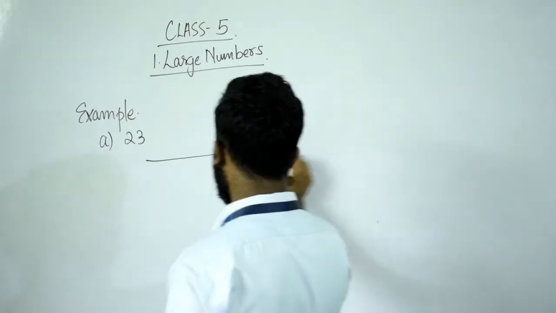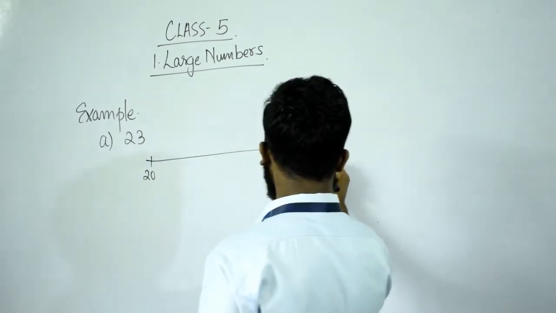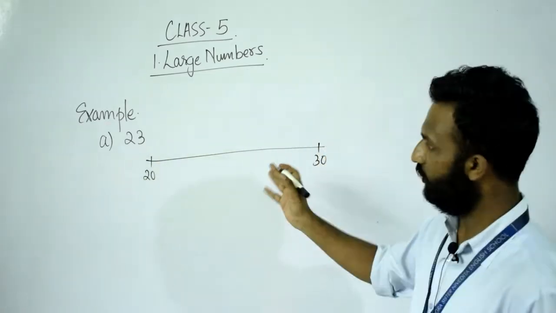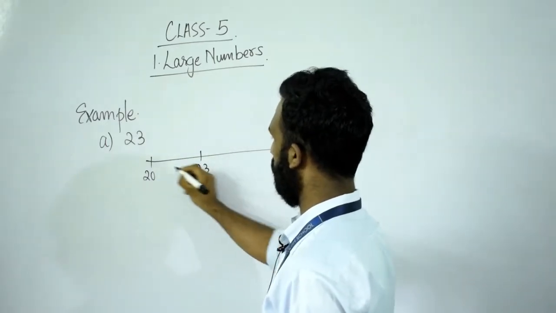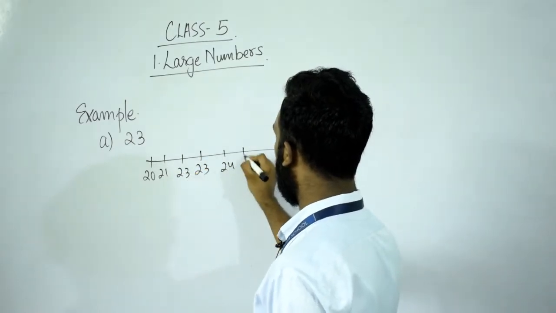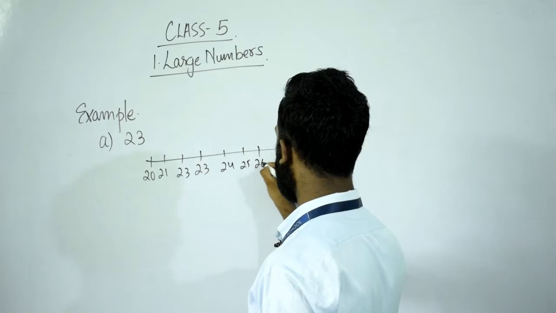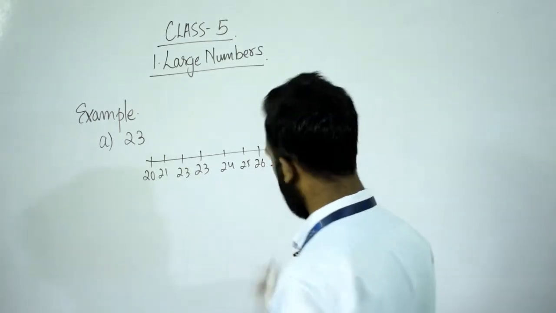Where is 23? On a number line, 23 is between 20 and 30: 21, 22, 23, 24, 25, 26, 27, 28, 29, 30.